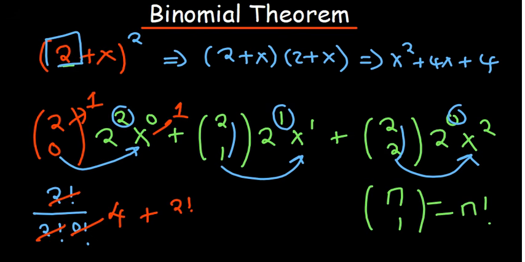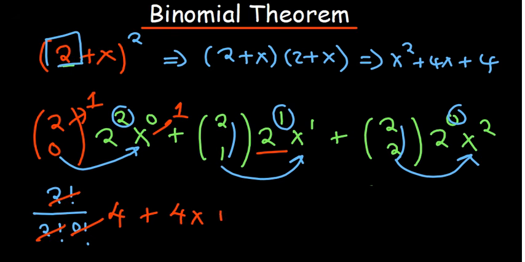Is it n factorial? I hope I'm right. No, it's always going to be equal to n. Yeah. So we have 2 factorial, which in this case is just equal to a 2 times 2. 2 to the power n is 2, so it will be 4x.